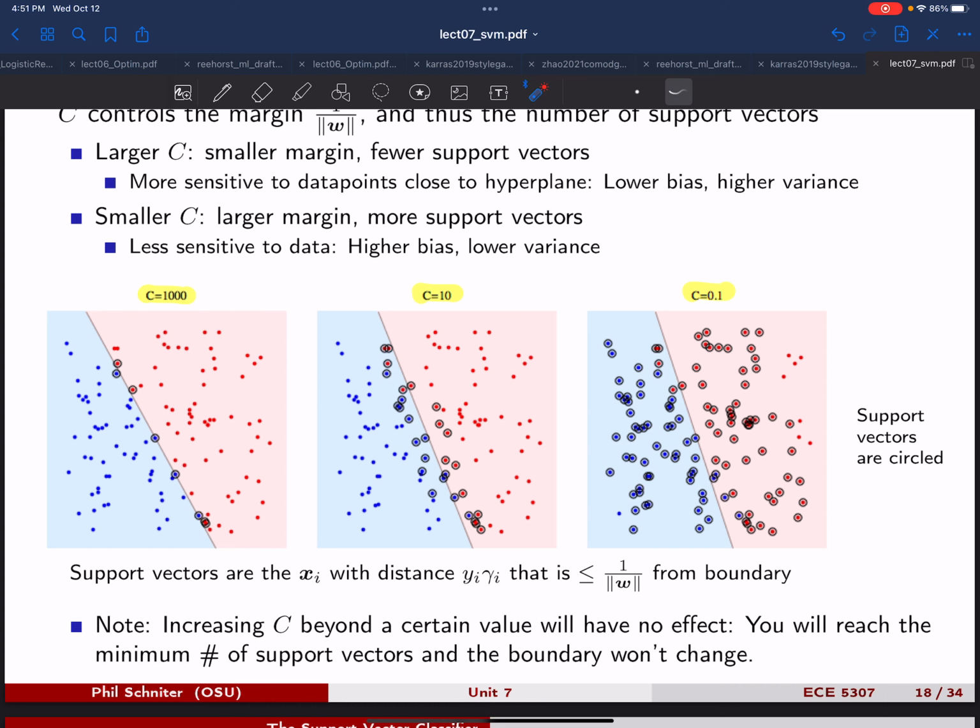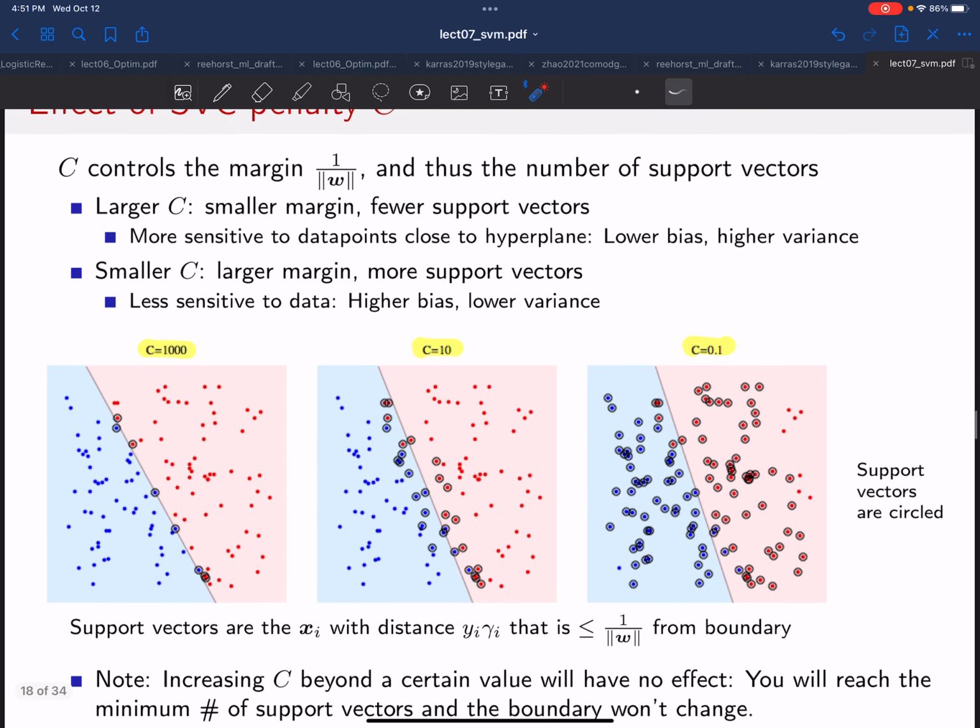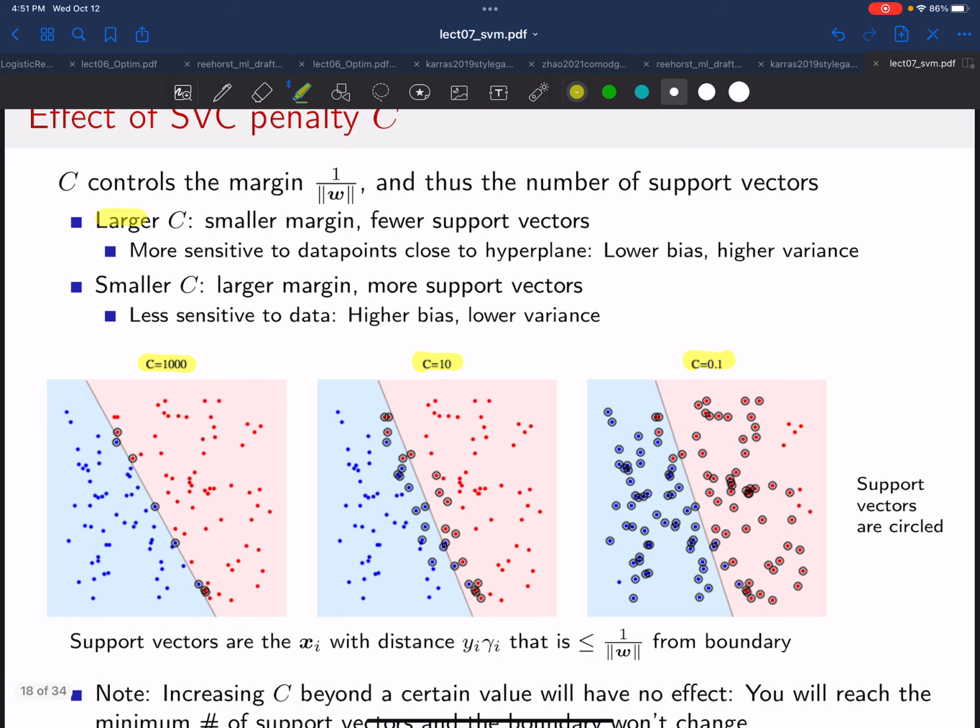Okay, so this is really bias variance trade-off. So larger C, more sensitive to data points close to the hyperplane, lower bias but higher variance. Smaller C, less sensitive to data because the margin or the street width is larger, but higher bias, lower variance.